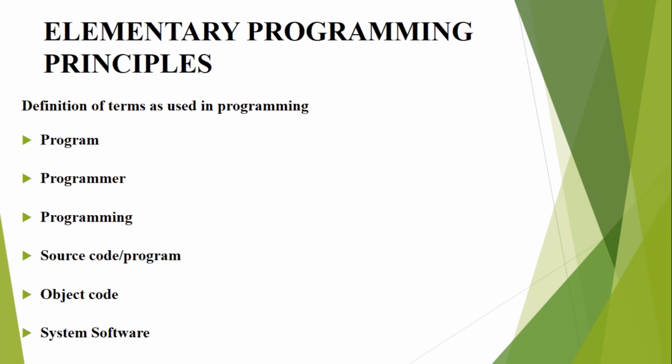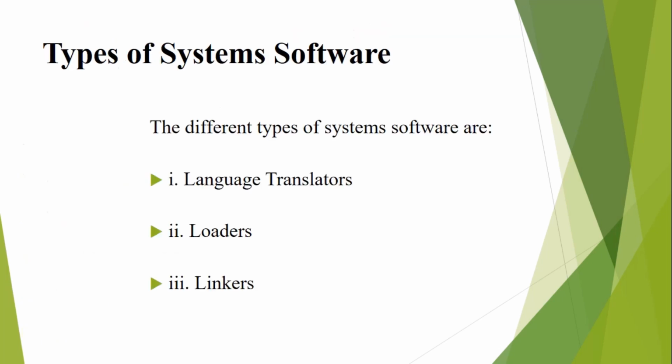We have the system software. System software can be defined as a collection of programs which assist with program development and the execution of the program.